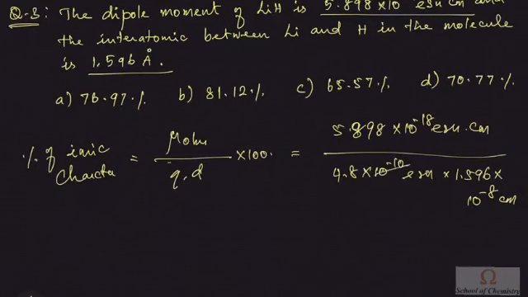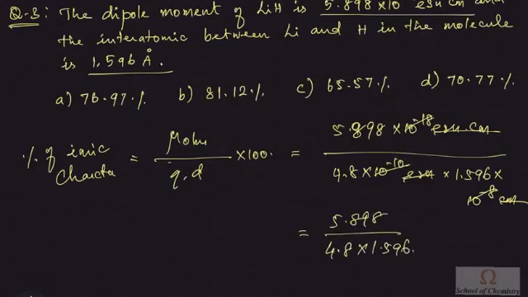So 10 to the power minus 10 and 10 to the power minus 8 in the denominator will add up to 10 to the power minus 18. So I can cancel these terms including the units, ESU, everything. So I can simplify like 5.898 divided by 4.8 into 1.596. When you work out, you will get 76.99 percentage. So option A is the closest one. So option A is the right answer.